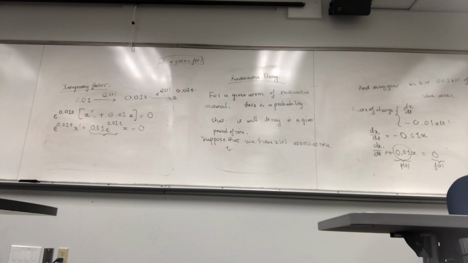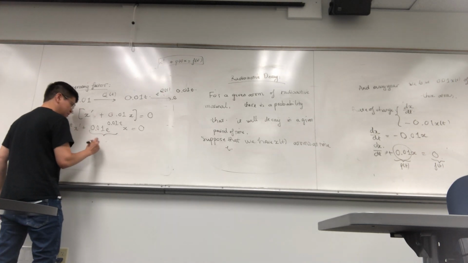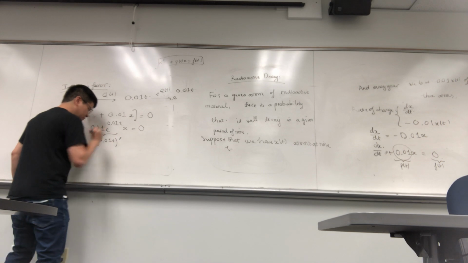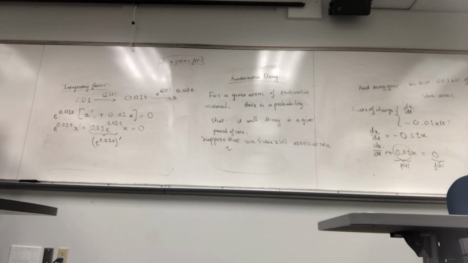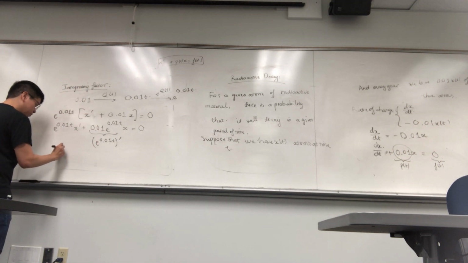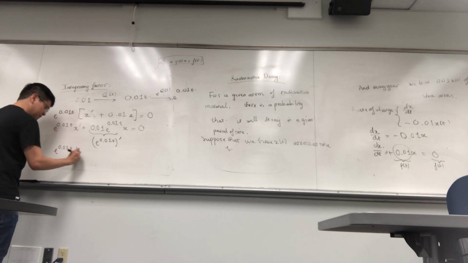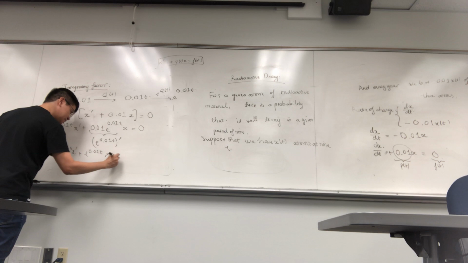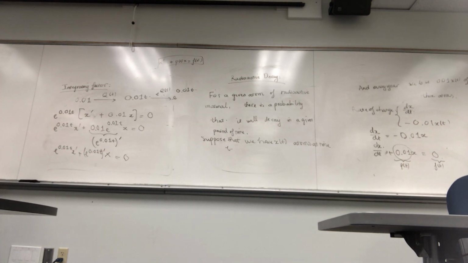This is going to be the derivative of e to the 0.01t. All right? I have e to the 0.01t x prime plus (e to the 0.01t) prime x is equal to 0. That's good. So now what can I do?